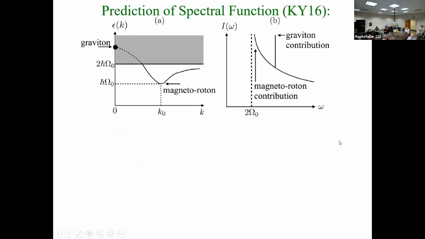So, the prediction is that the graviton should show up as a fairly sharp resonance peak at the energy of the graviton when you look at the spectral function of the so-called gravitational wave, or experimentally, if you measure the absorption rate, there should be a resonance peak at the graviton energy.